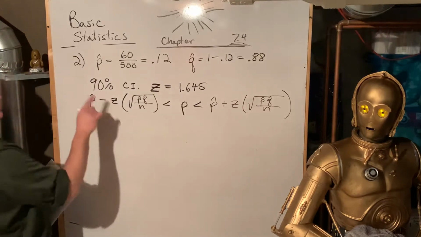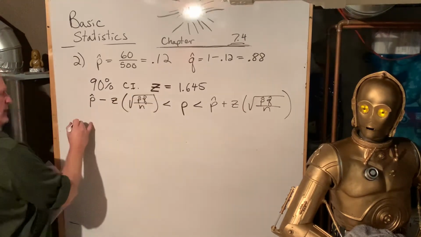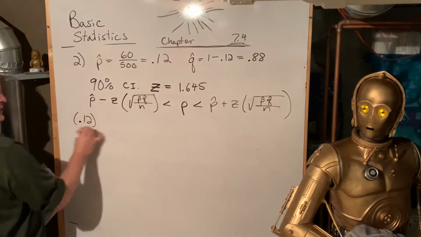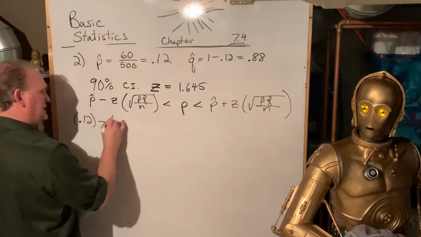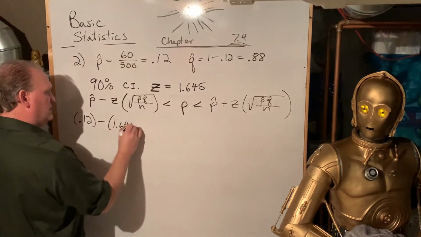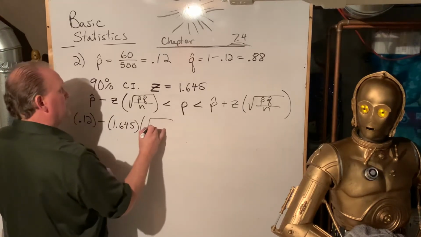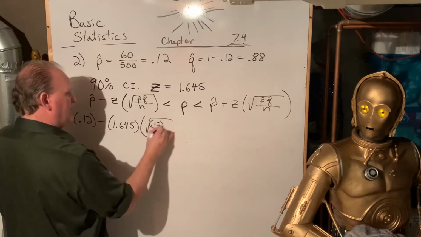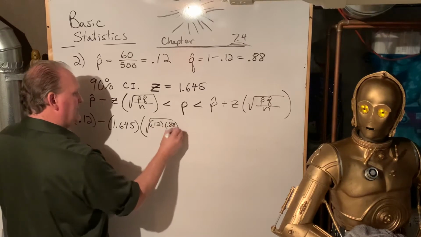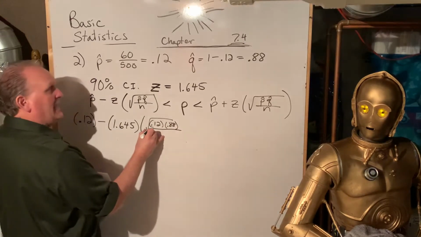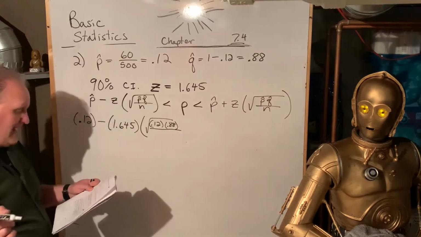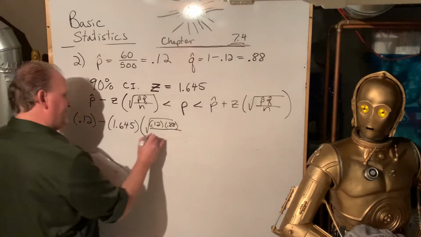So now let's put in all of our information. We got 0.12 minus z, 1.645, times the square root of 0.12 times 0.88 divided by, what is that, 500, right?